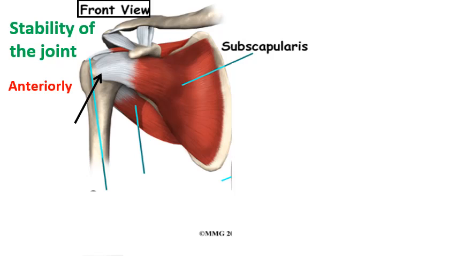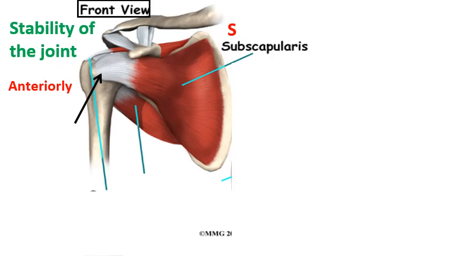So the tendon of the subscapularis from anteriorly fuses with the underlying fibrous capsule anteriorly. So it supports the fibrous capsule and supports the joint anteriorly. This is the subscapularis, and let us stand for it with the letter S.